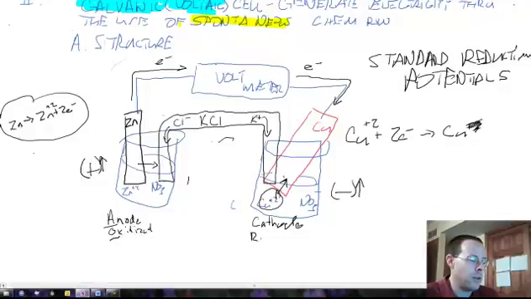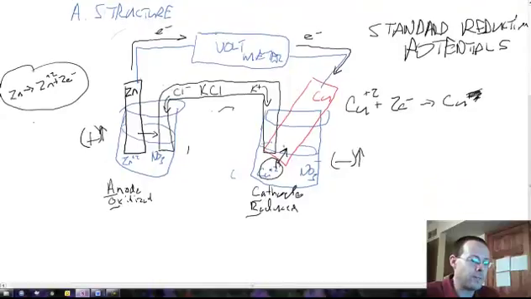Our thing is being reduced. They are both consonants. So reduction happens at the cathode, oxidation happens at the anode. And electrons always flow from anode to cathode. If you think alphabetically, A comes before C, so electrons flow from A to C. So that is a galvanic cell.